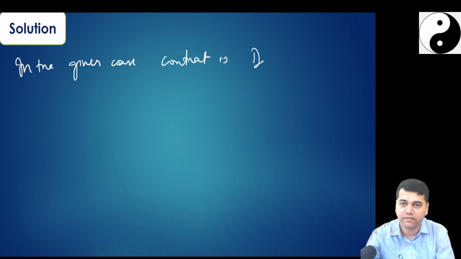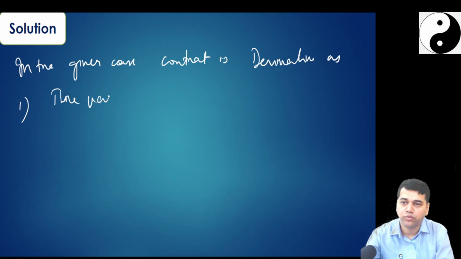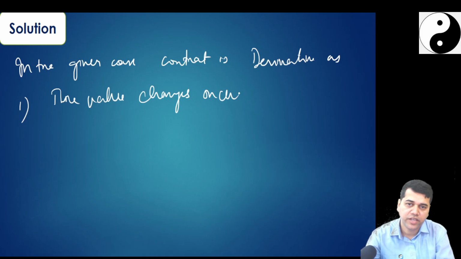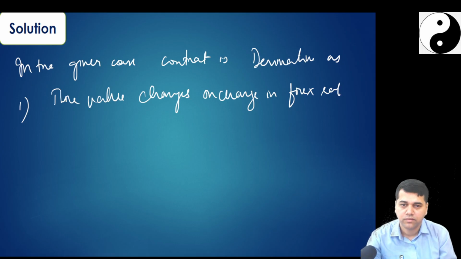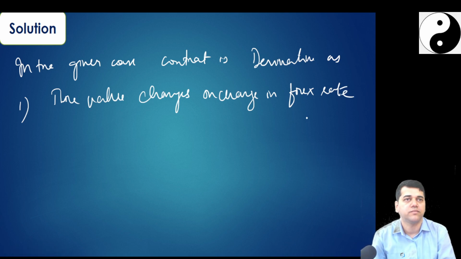In the given case, the contract is derivative as, one, the value changes on change in forex rate. The value changes based on the change in the forex rate. I have told you in simple language.